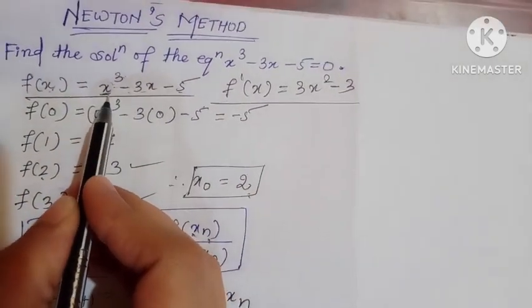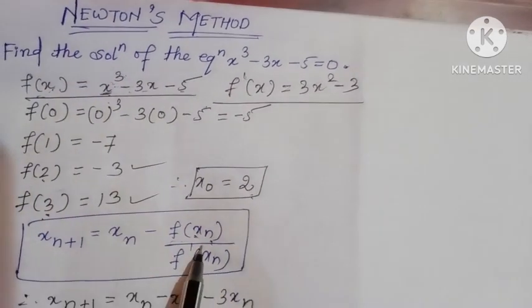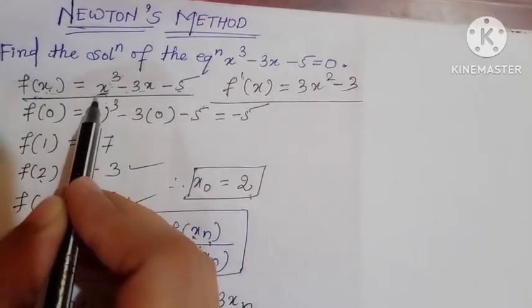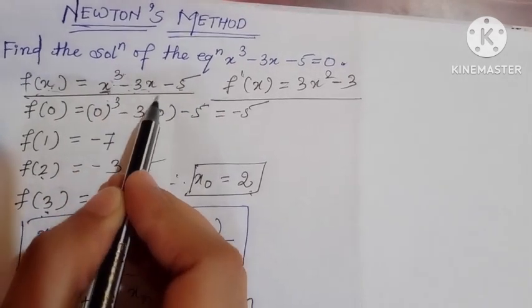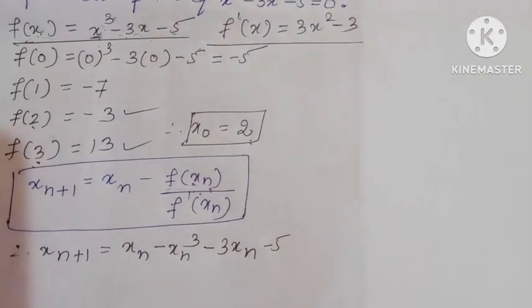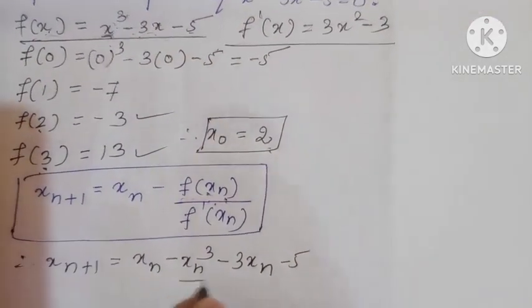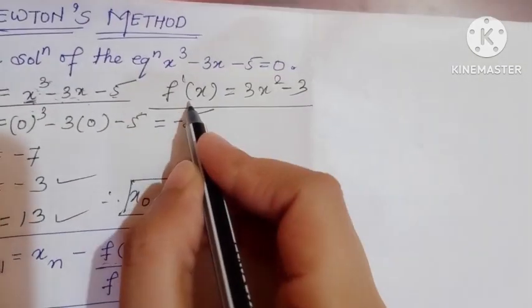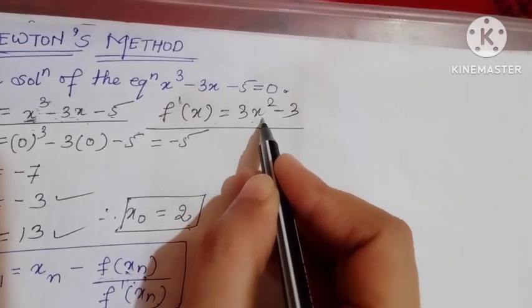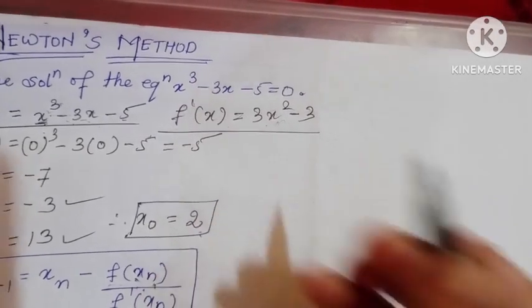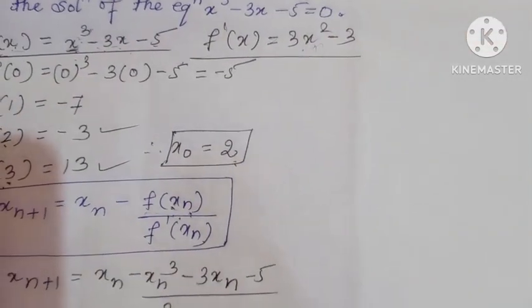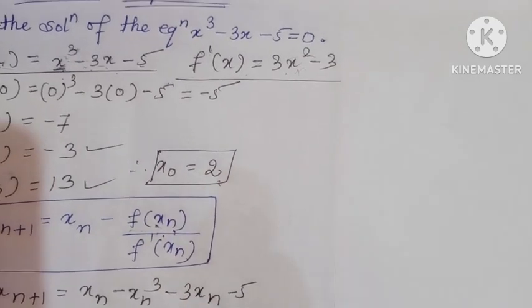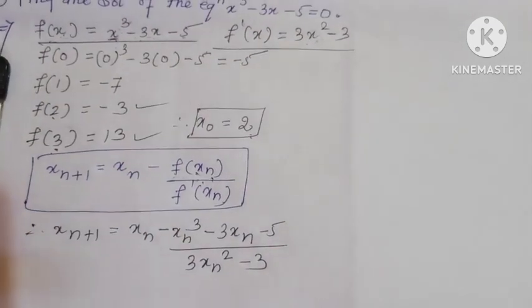So f(x) will become f(xn). So it will be xn cube minus 3xn minus 5 by f dash (xn). So f dash x is given. Just substitute xn in the place of x. So it will be 3xn square minus 3.